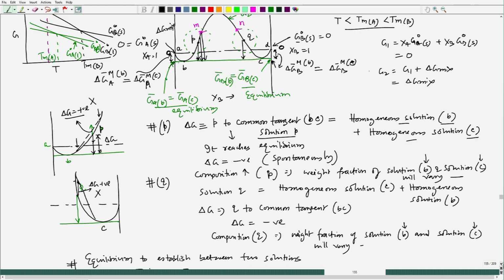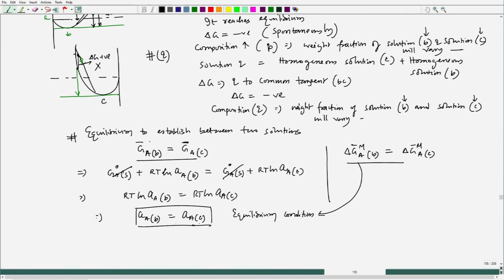So, now this is one condition. On the other hand, we can write with respect to G_B bar of B equal to G_B bar of C, the solution C. So, this would yield similarly the activity of B in solution B should be equal to the activity of B in solution C. So, this is another condition we are getting.